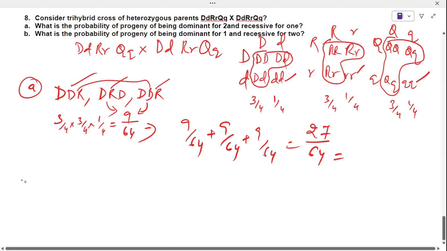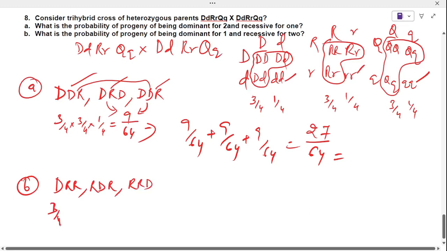The second one is the B question. Same thing here. What is the probability of being dominant for 1 and recessive for 2? Dominant for 1 and recessive for 2, DRR, and it may be RDR also, or RRD also. Here dominant is 3 by 4, recessive is 1 by 4 into 1 by 4.